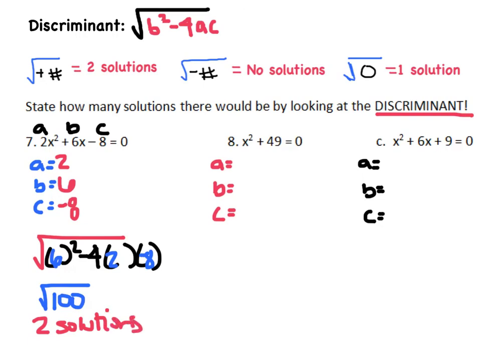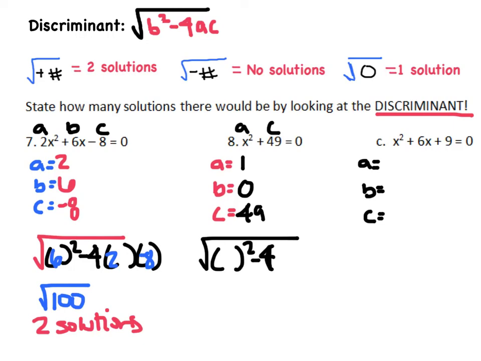Alright, next one, same concept. a and c. Notice we could actually work this problem out by using the square root method because there's no bx. Okay, so I automatically know that b is 0. a is 1, c is 49. Alright, let's see what we get when we do our discriminant. b squared minus 4 times a times c.